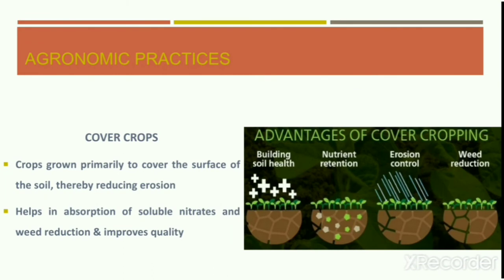The cover crops are primarily grown to cover the surface of the soil, thereby reducing erosion. The cover crops help in the absorption of soluble nitrates, thereby building soil health and nutrient retention, reducing weeds, and controlling soil erosion.